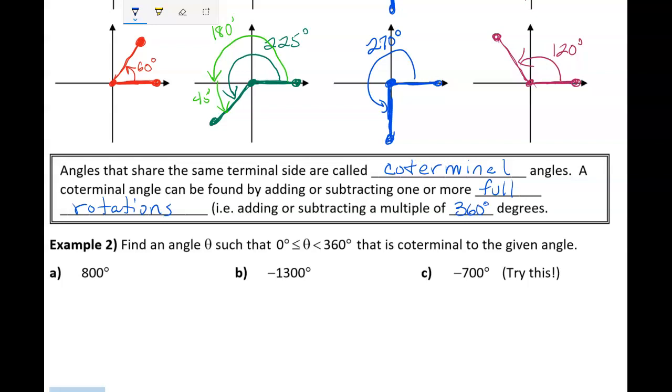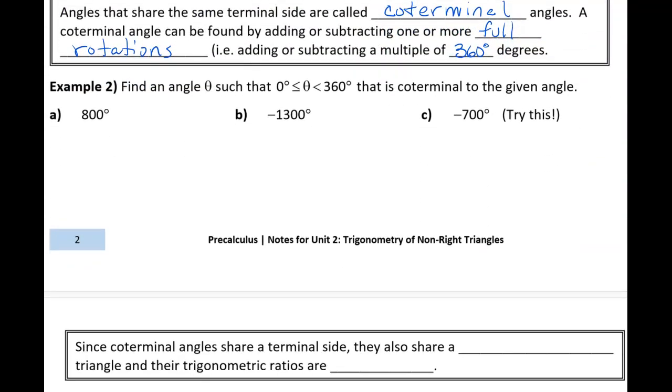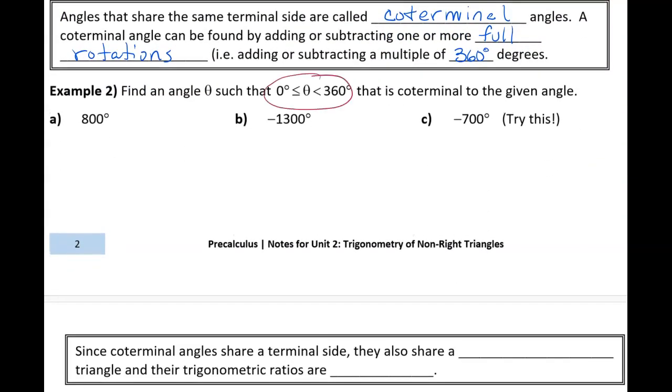So, in example 2, we are asked just to find coterminal angles to the given angle that lie somewhere between 0 and 360 degrees. So we're going to subtract off full rotations from 800, and if we subtract off 360 from 800, we're not quite going to be small enough to be in between 0 and 360.